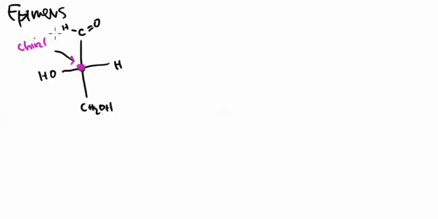So if we're given the choice, we prefer to draw it that way. Maybe the book will give me a structure in a different orientation. We talked about how to handle that in the previous video. And if I wanted to label this as a D or an L sugar, let's just take some time to classify the sugar.